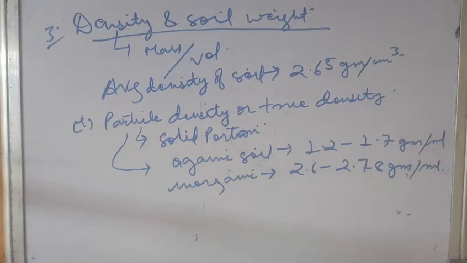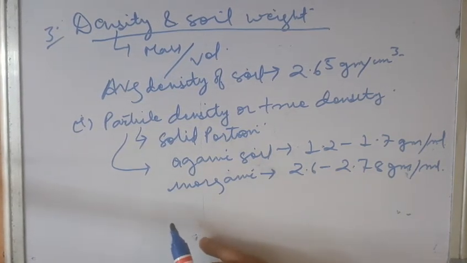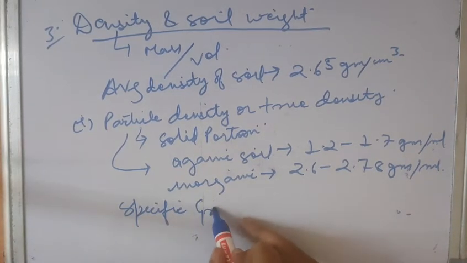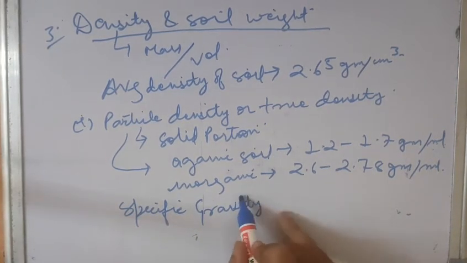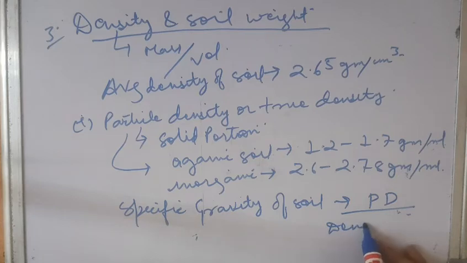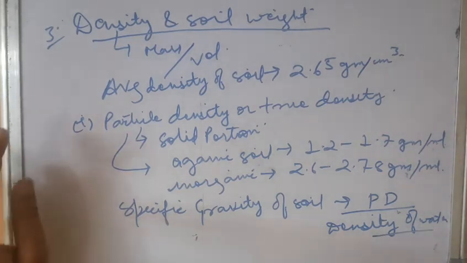You should remember these facts. This can be asked. These are important facts. What is the specific gravity of soil? It is particle density by density of water. That will let us know the specific gravity of soil.